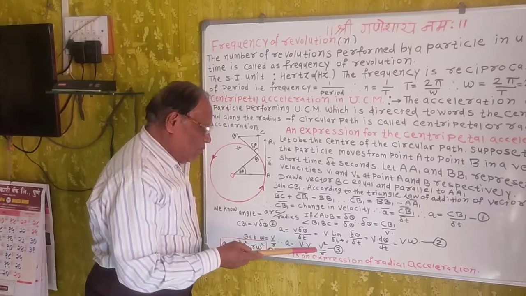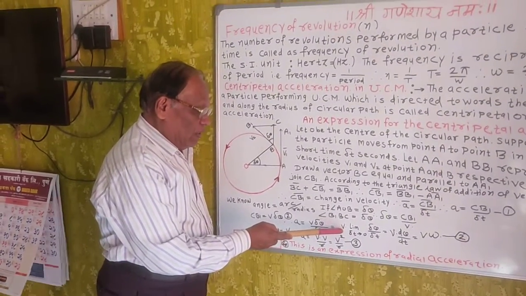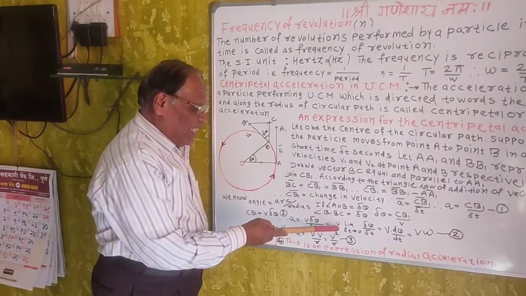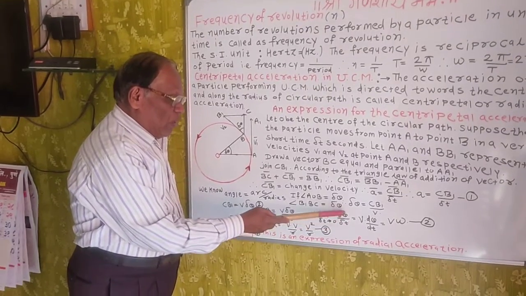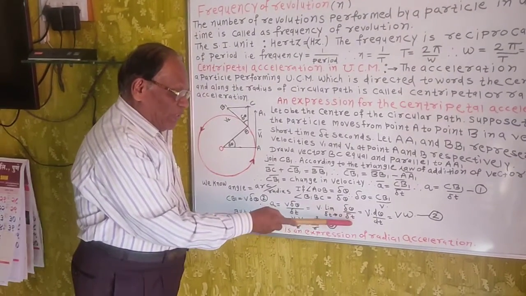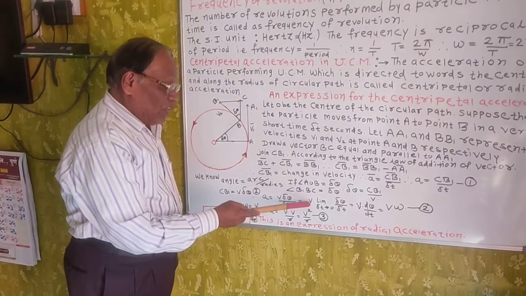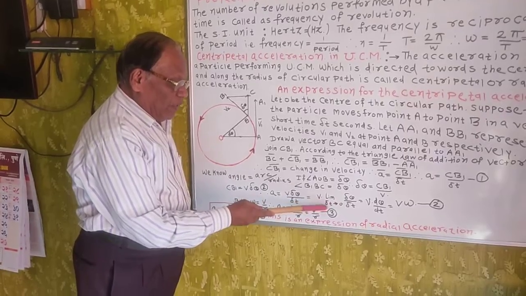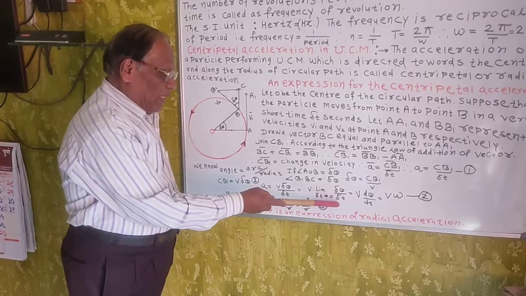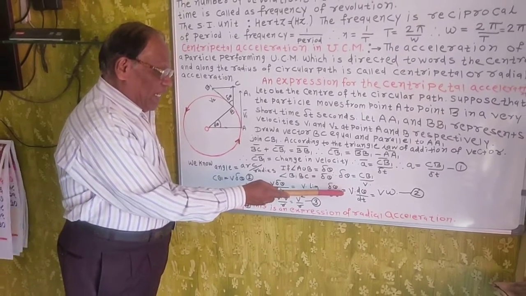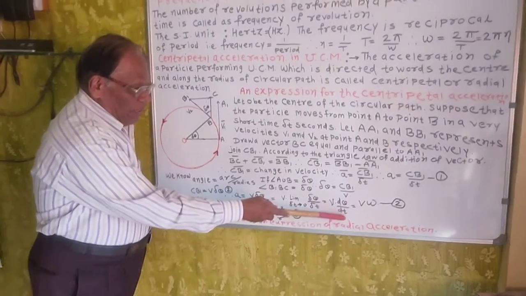But according to the definition, angular velocity is defined as the rate of change of angular displacement with respect to time, and therefore the formula for angular velocity is limit delta t tends to 0 of delta theta upon delta t, and further we write it as v into d theta upon dt.